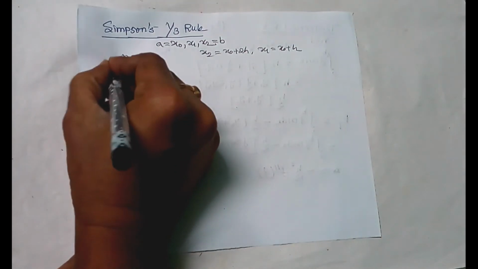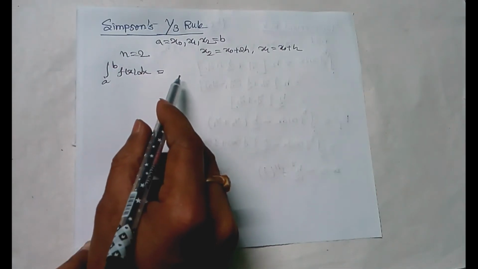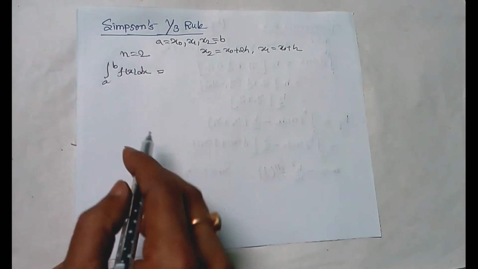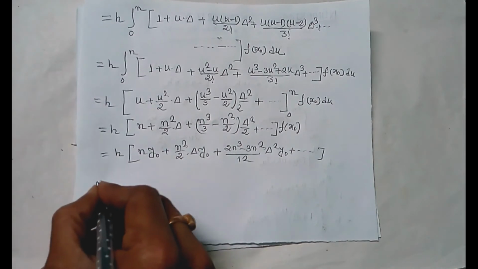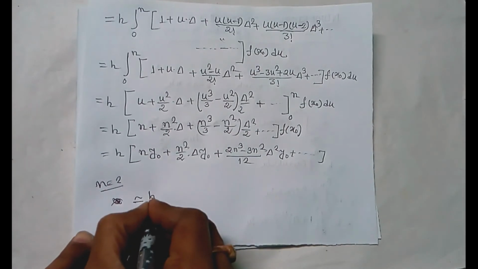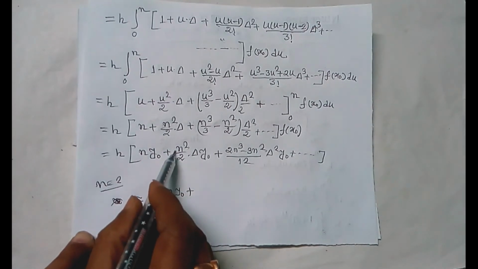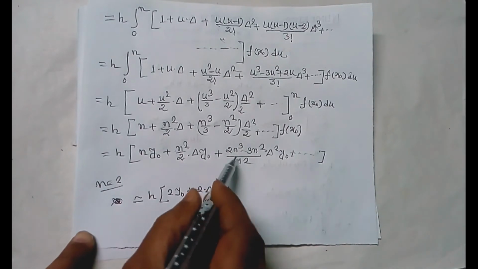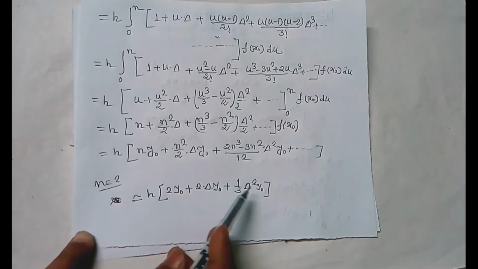So in this case, the integral a to b f(x) dx is approximated by Gauss-Legendre quadrature formula if we put n equal to 2. Now consider this formula. If we put n equal to 2 here, then this formula is approximately equal to h into 2y0 plus 2 square by 2 into delta y0 plus 1/3 into delta square y0.